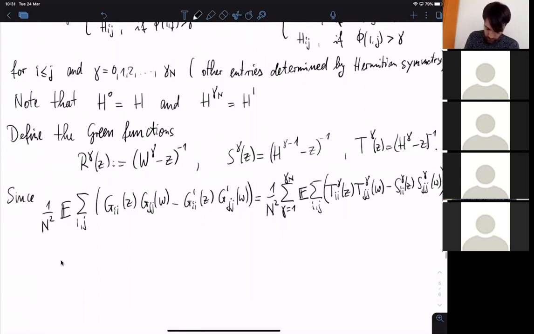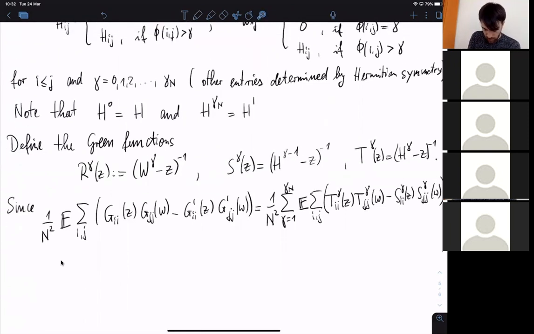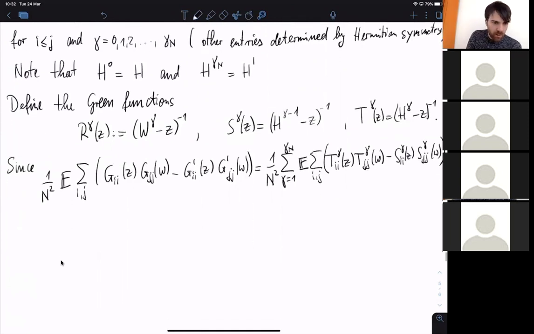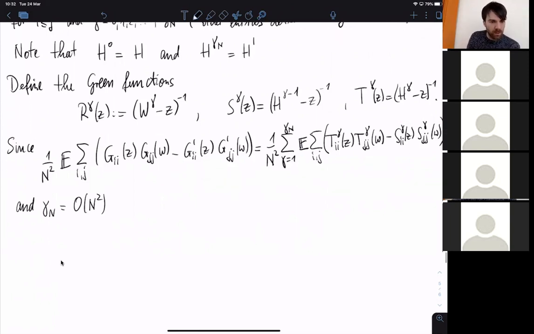Okay, so we have this telescopic sum representation of what we want to understand, and it's easy to see that the gamma n is order n squared. So this sum here has n squared terms. If we want to make this part here n to the minus xi, then we have to make each of these summands n to the minus 2 minus xi.